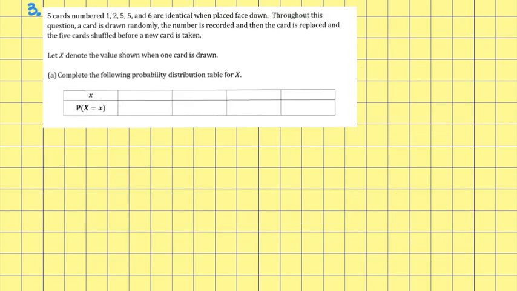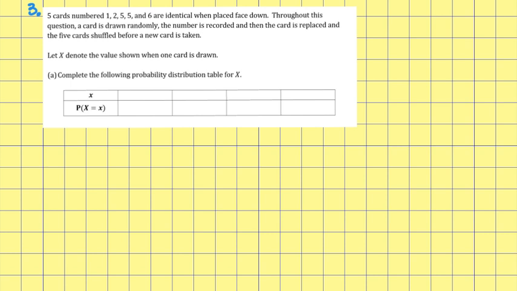Question 3. 5 cards numbered 1, 2, 5, 5, and 6 are identical when placed face down. Throughout this question, a card is drawn randomly. The number is recorded, and then the card is replaced, and the 5 cards shuffled before a new card is taken.